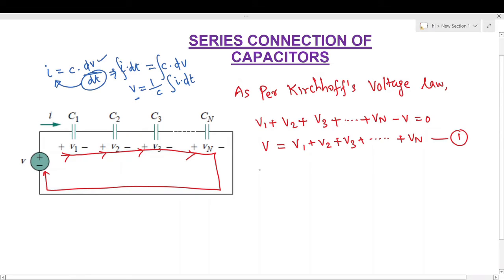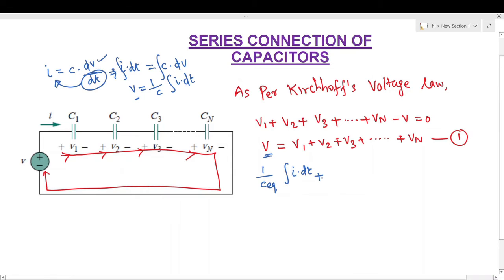So equation 1 will become now 1 by C, where C is the equivalent capacitance value. I don't know the value of equivalent capacitance, so I will write it as C equivalent, integral of I into dt, because the current in a series circuit is the same. Now this term is equal to V.